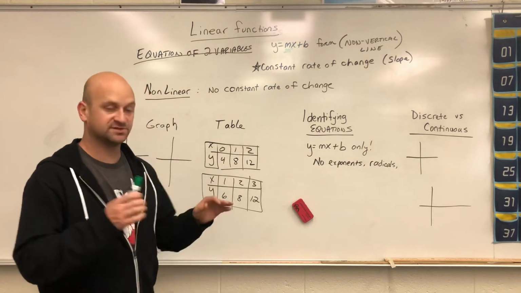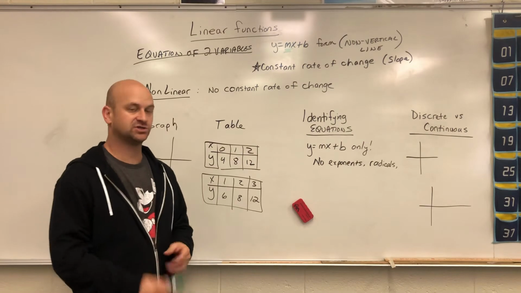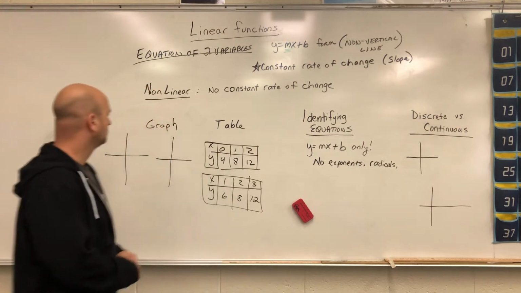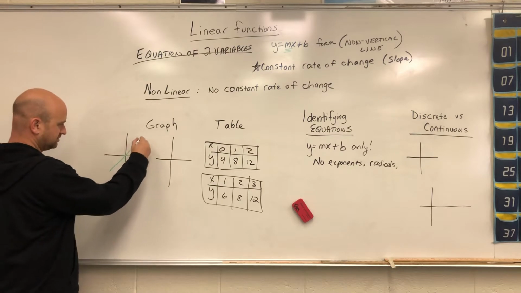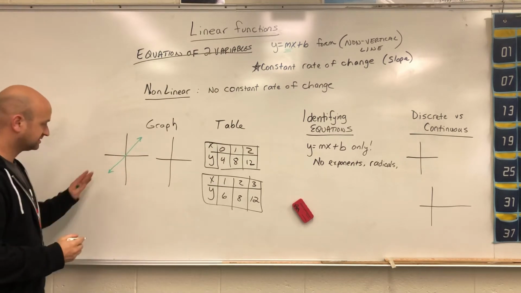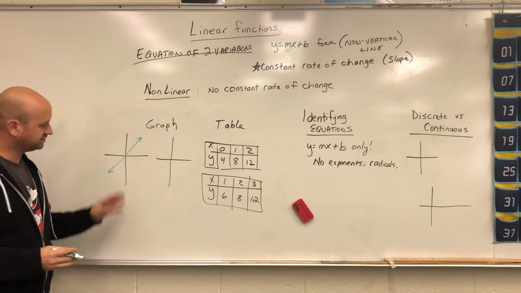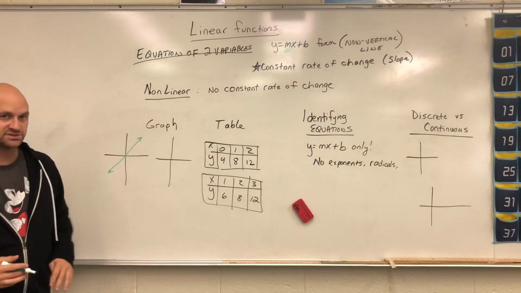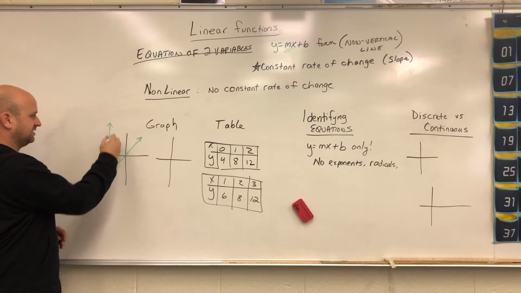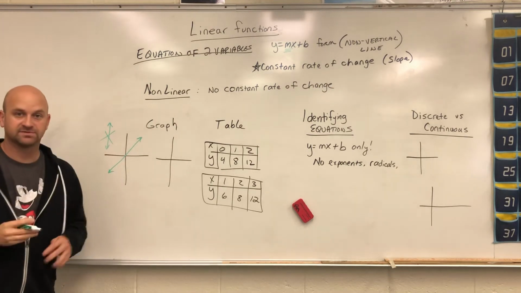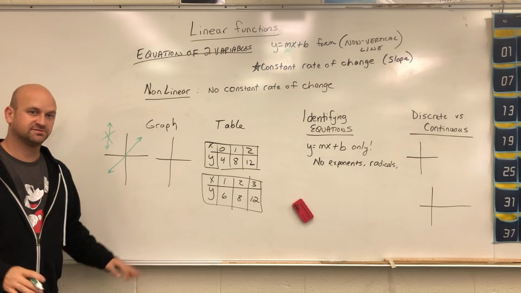So this is important. If it's linear, it has a constant rate of change, and that is slope. On a graph, here's an example of a linear function. It's simply a straight line, and there are many variations you can have. We just cannot have a straight line vertically. That's not a function.